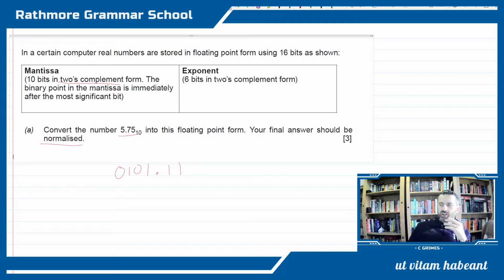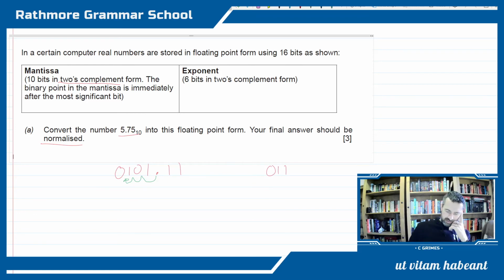So there's the first stage. Next is floating the point. It asks us to be normalized. And remember that a normalized positive number will begin with 0. So I'm floating the point 1, 2, 3 places. So I've got an exponent of the value of 3, but it needs to be in 2's complement.